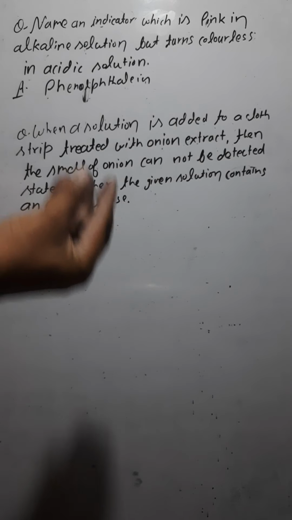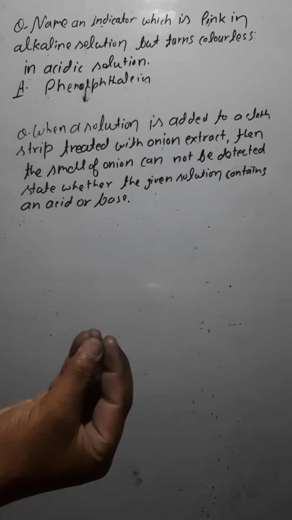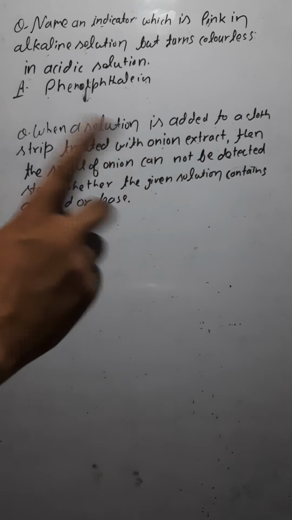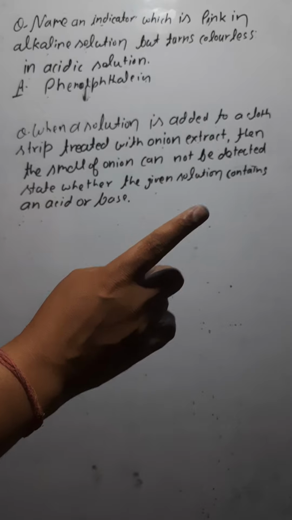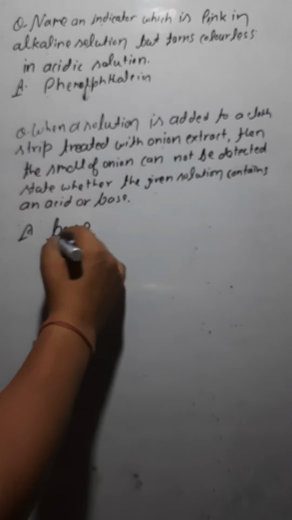When you add onion to a basic solution, it loses its smell. And when you add onion to an acidic solution, it would not lose its smell. So it means basic solution was that. So the answer would be, the solution is base here. Getting it or not? That is how you would give the answer to the given questions. Just note it down.